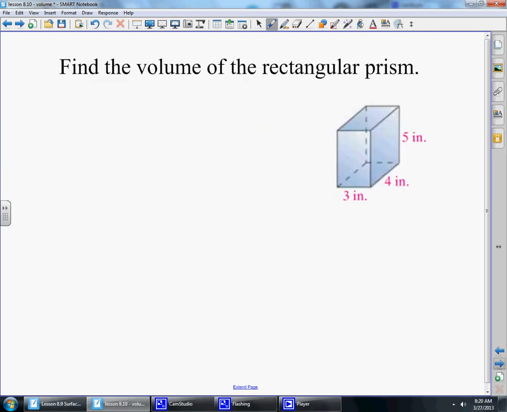So let's find the volume of this rectangular prism. So we know volume is equal to the area of the base times the height. So the area of the base is going to be length times width, and then we're going to multiply it times height. So basically we're going to take our 3 dimensions, the length, the width, and then this here is the height.